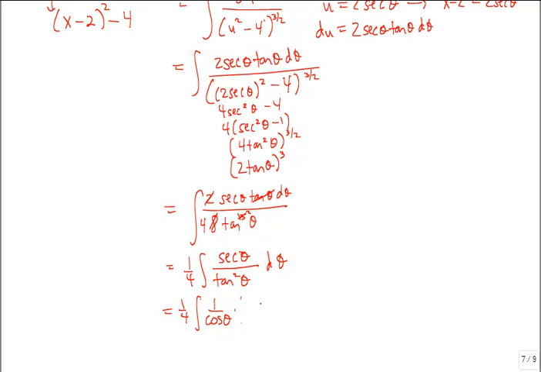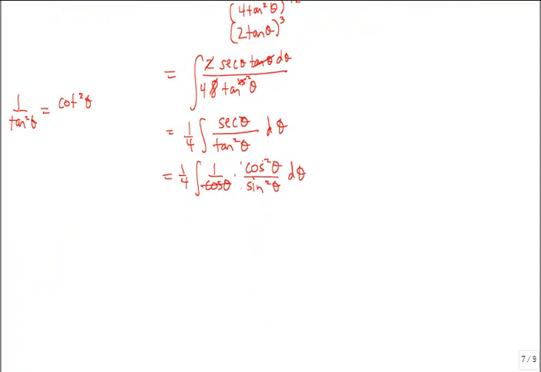Tangent is sine over cosine, but it's in the bottom. So remember, 1 over tangent squared theta is the same as cotangent squared theta. And cotangent is cosine over sine. So this will be cosine squared theta over sine squared theta d theta.